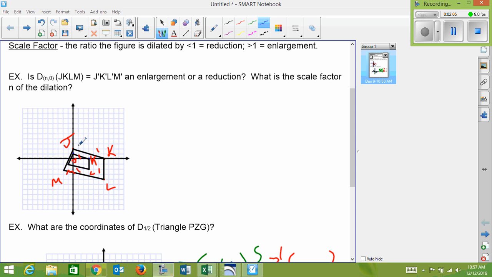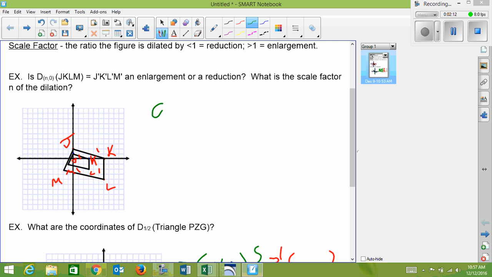So the original J is at 0, 2, and the new J is at 0, 1. Okay, well I have an idea just by looking at that, but you got to check all the points.